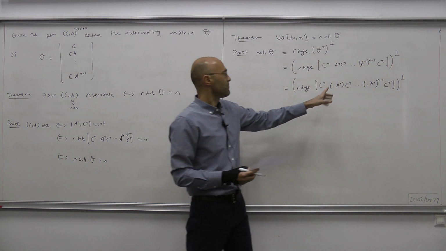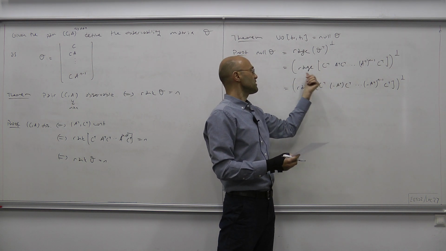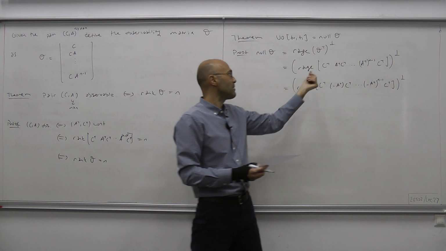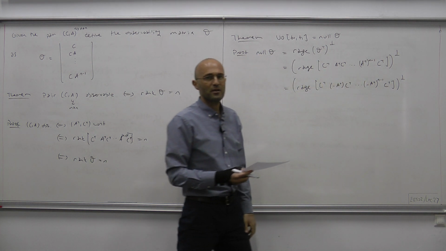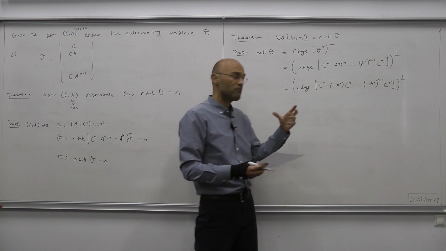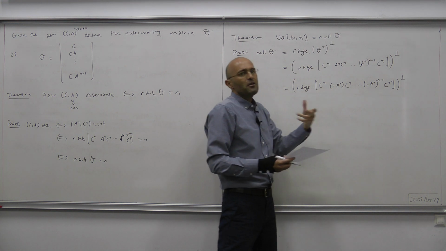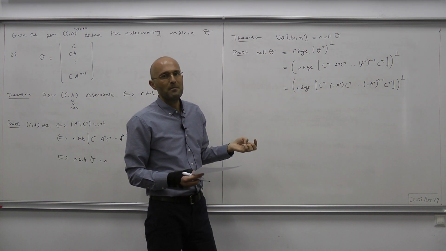The reason is that here we have some columns, and the range space of that matrix is the subspace spanned by the columns of this matrix. Now clearly if you multiply some of those columns by minus 1, what they span will not change. It should be the same subspace.